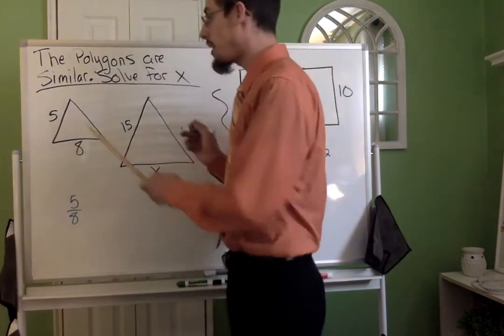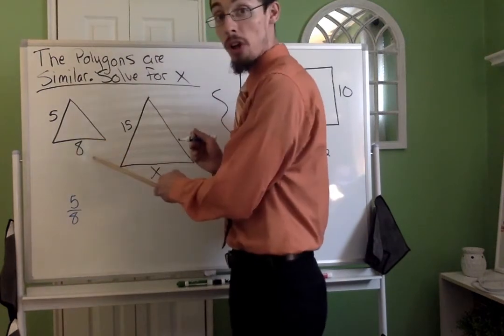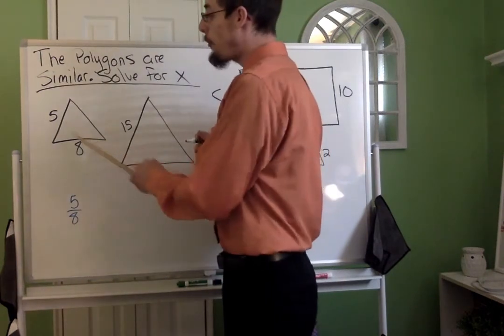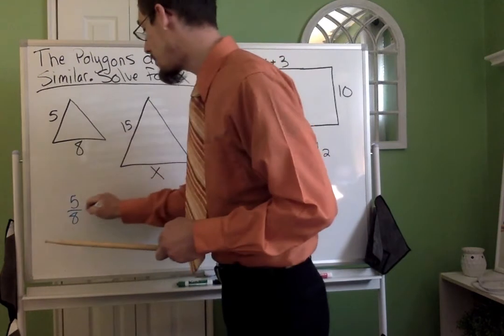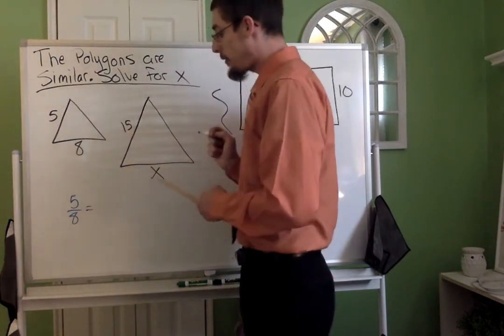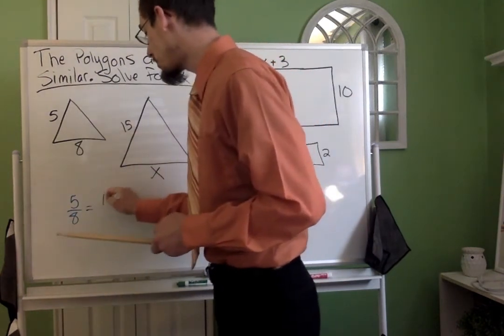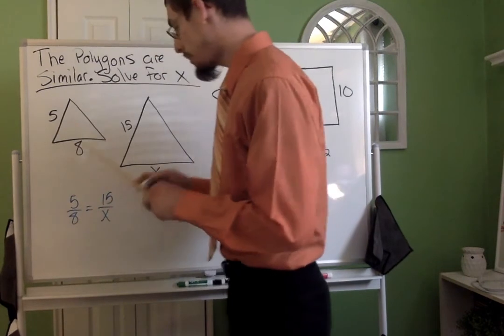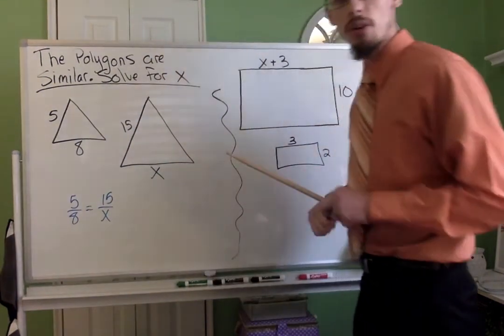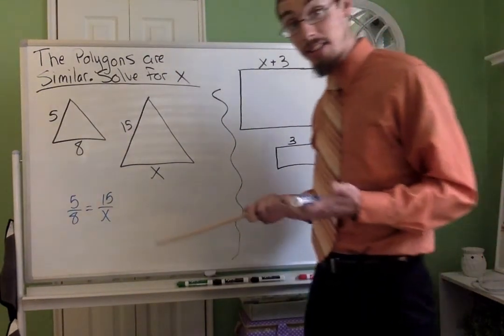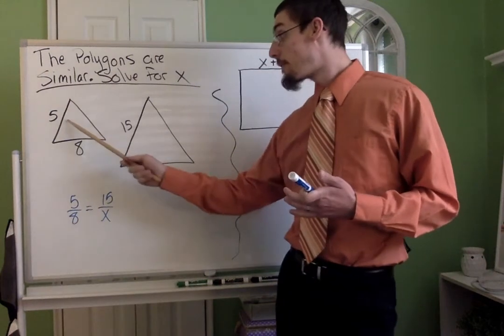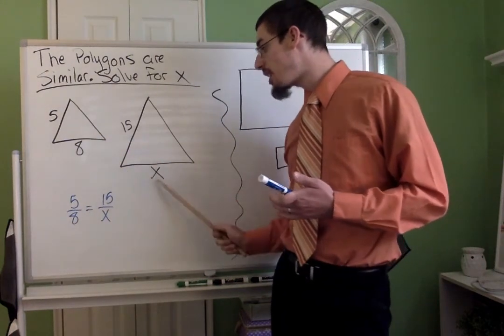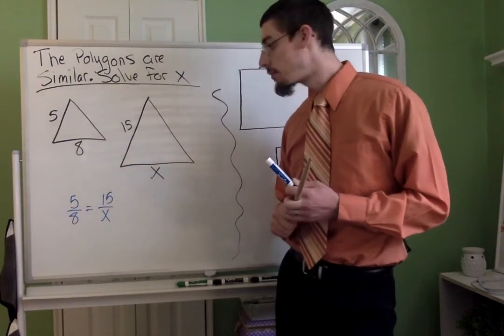So that's taking the small one over the large one. So if I do 5 over 8, I would have to do 15 over x. So just look at that and make sure that that actually makes sense, right? 5 over 8, 15 over x.